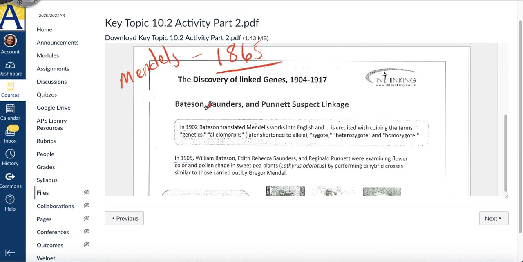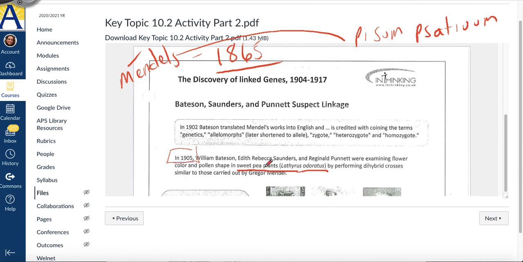So when Bateson, Saunders, and Punnett conducted their experiments in 1905, they were expecting to see the same results as Mendel. Now, here's the difference, though. They worked with sweet pea plants, and the genus species was Lathyrus odoratus, instead of Mendel's pea plants, which were the Pisum sativum plants.